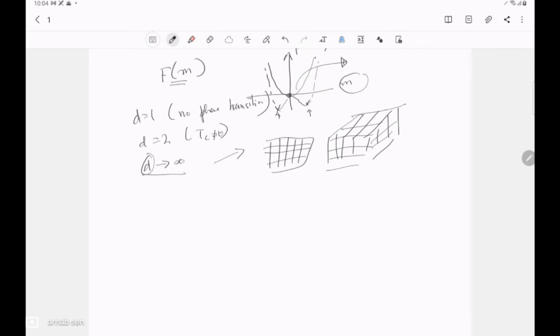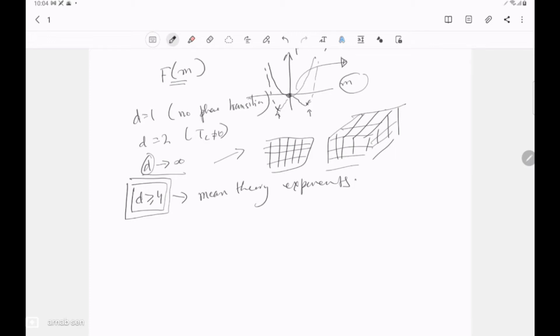In fact, we also made the statement that if I look at the critical exponents near the transition for any d greater than or equal to 4, then we'll actually get the mean field theory exponents. But of course, if d is 3 or 2, we'll get different exponents.